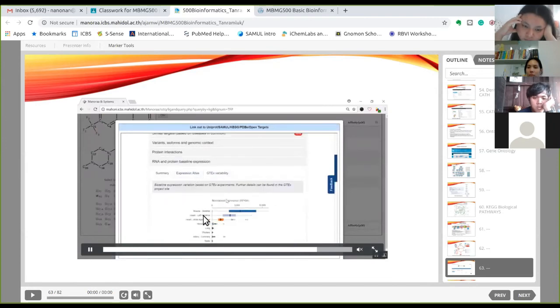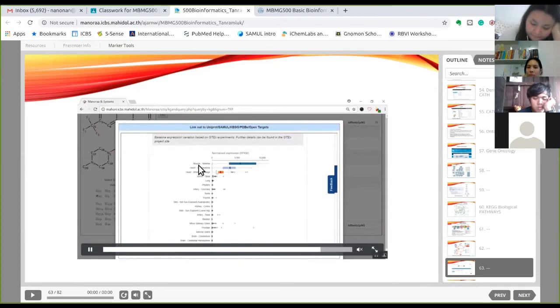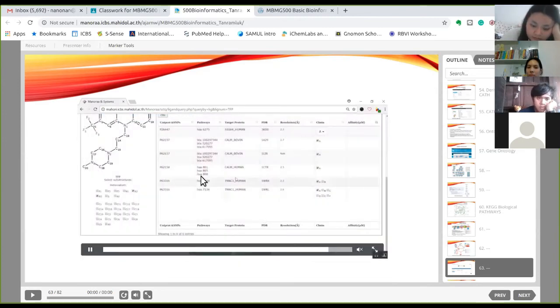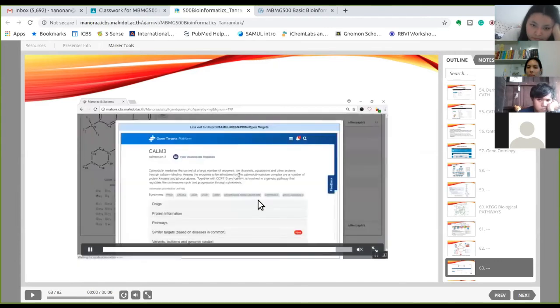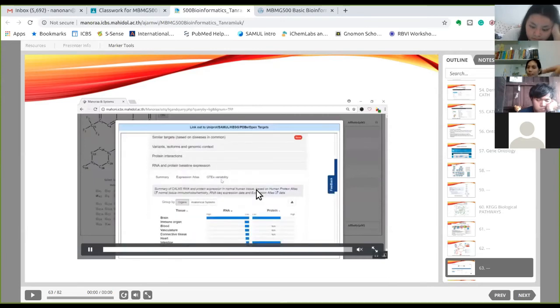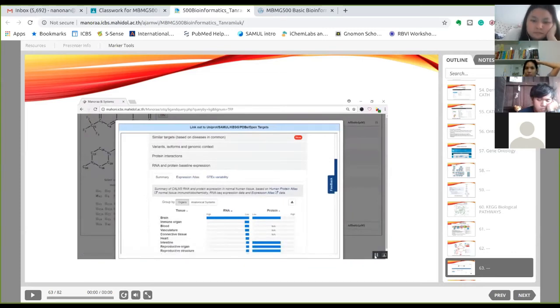It says, okay, this one goes to the heart and to the muscles. So that's basically what my database does. It links among various databases together, and it also has in-depth functions, which I will cover later on in drug design lectures.